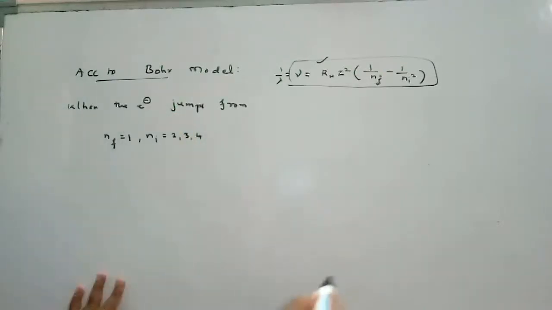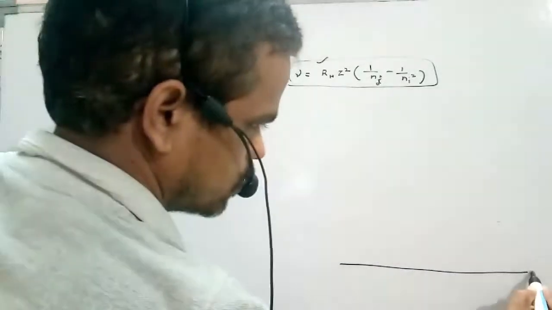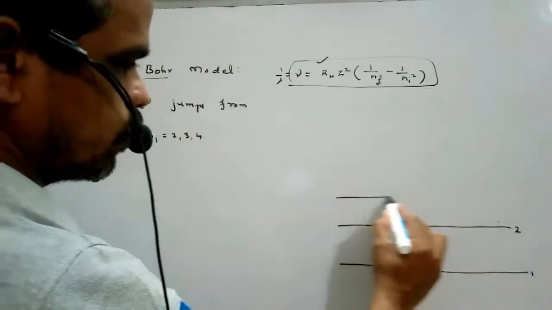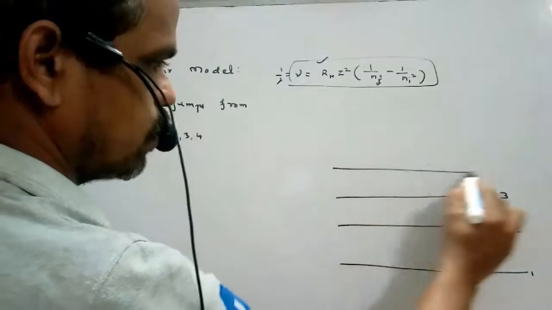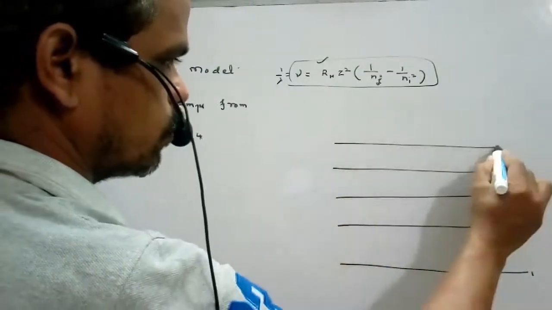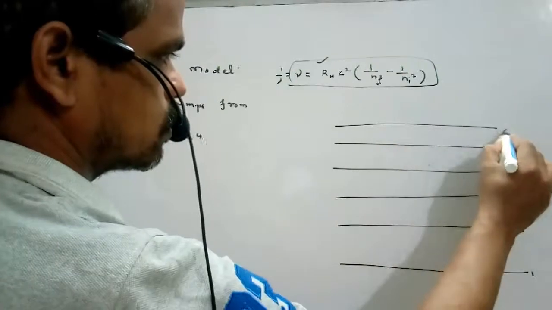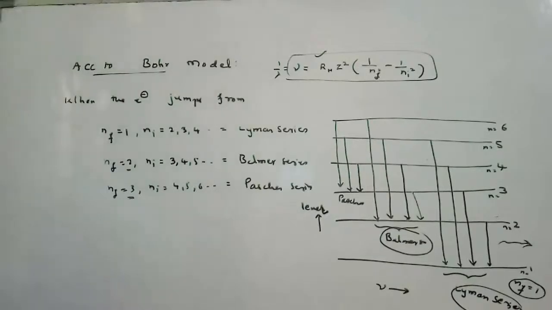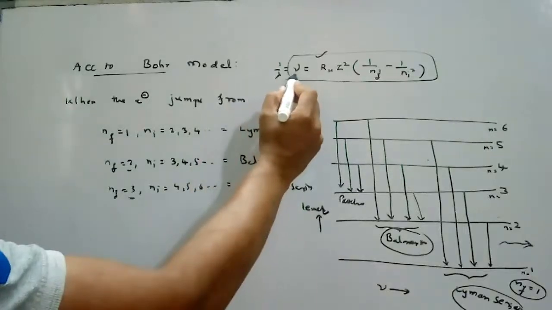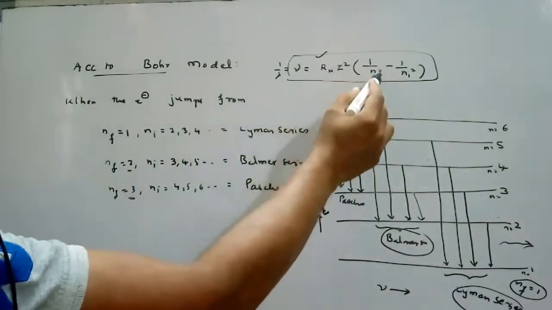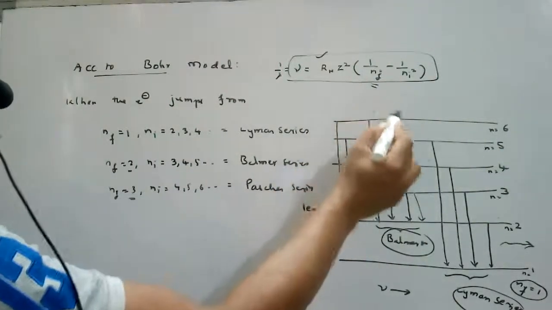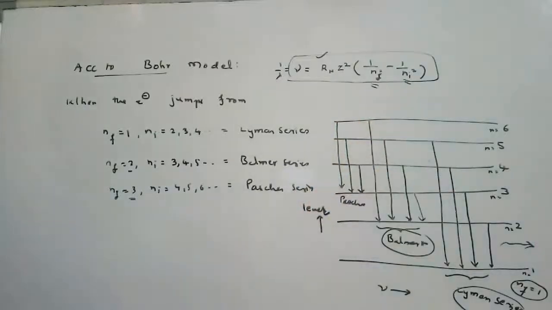That means here this is 1, this is 2, this is 3, this is 4th level, 5th, 6th. So here, according to Bohr model, the wave number is equal to R_H Z square (1 by Nf square minus 1 by Ni square). Here Nf is final orbit, then Ni is initial orbit.